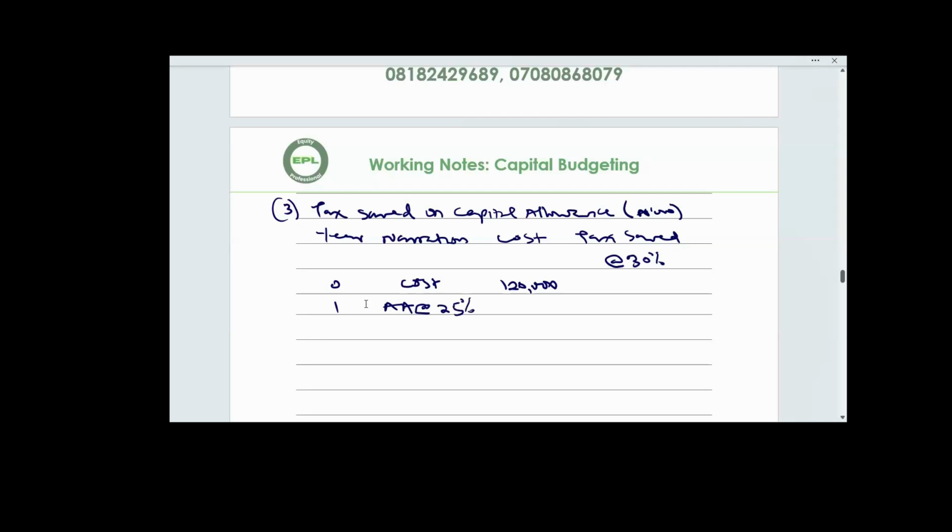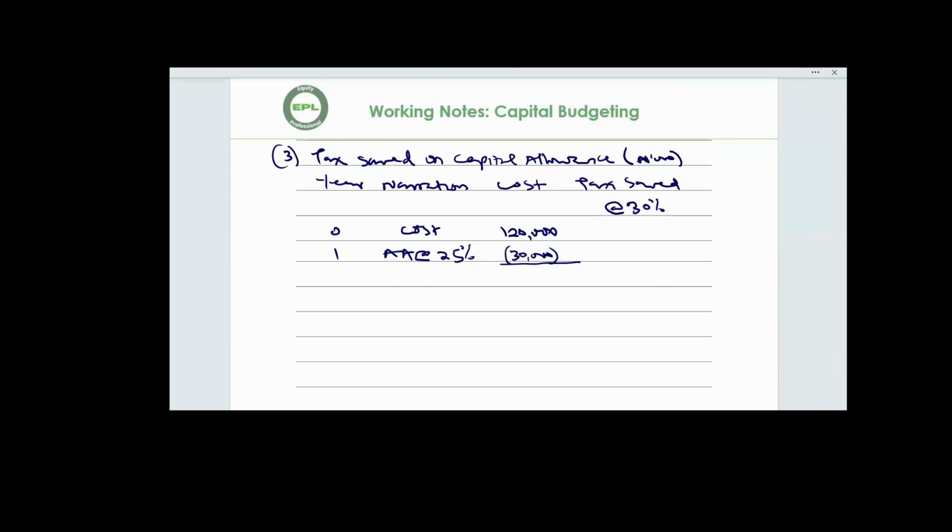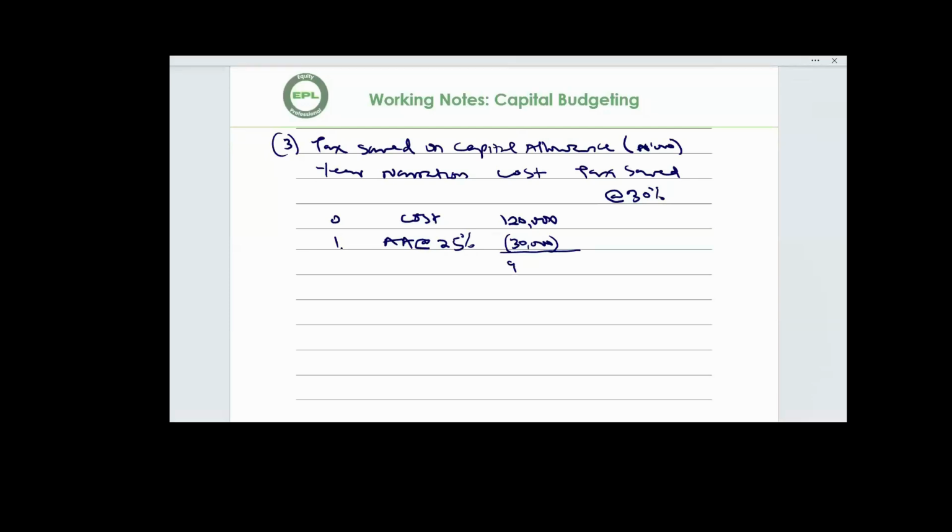Therefore, what's 25% of 120,000? 30,000. That's 30,000 minus 120,000. We are told that our capital allowance is on a reducing balance basis. So here is 90,000. This represents tax written down value at the end of year 1.